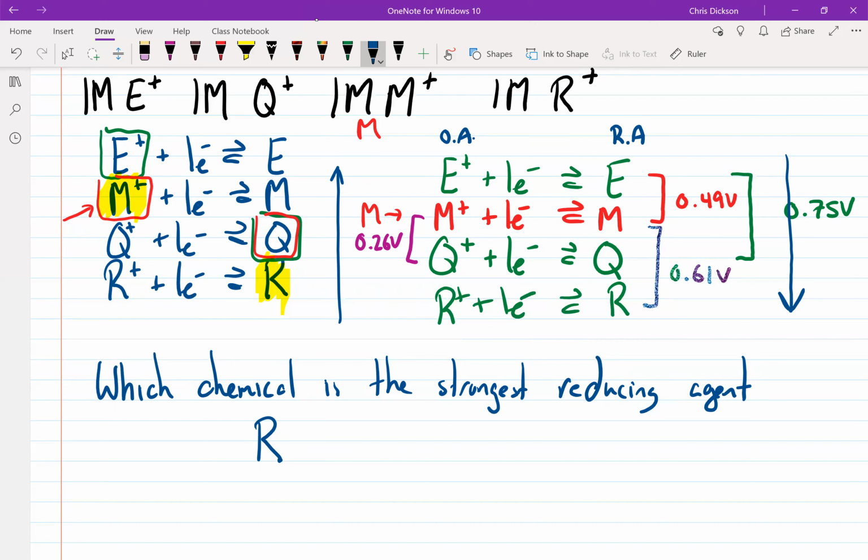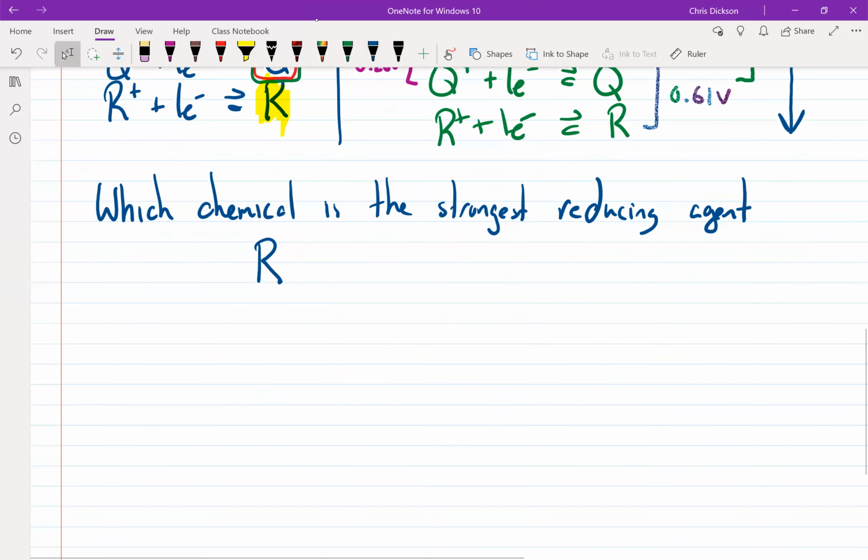Let's see if we can just do one more thing here. Yeah, why not? Okay, so I'm going to just talk briefly about what's called selecting preferred reactions.